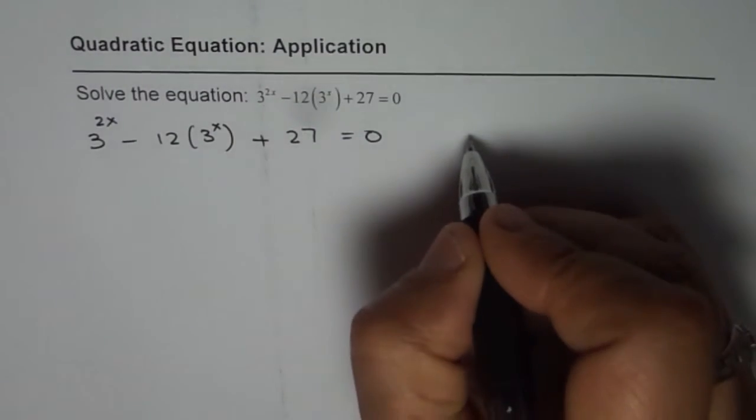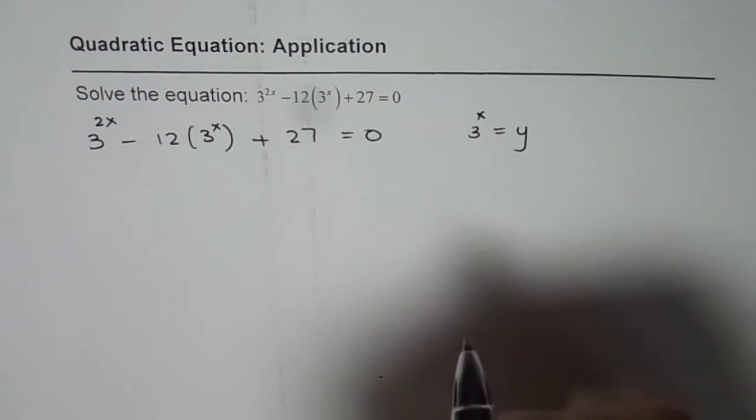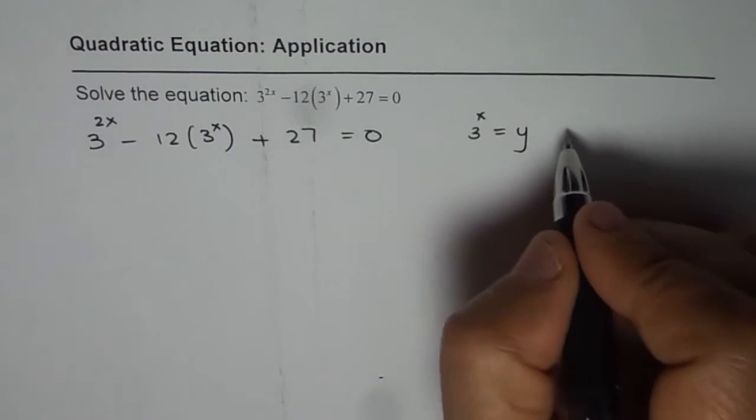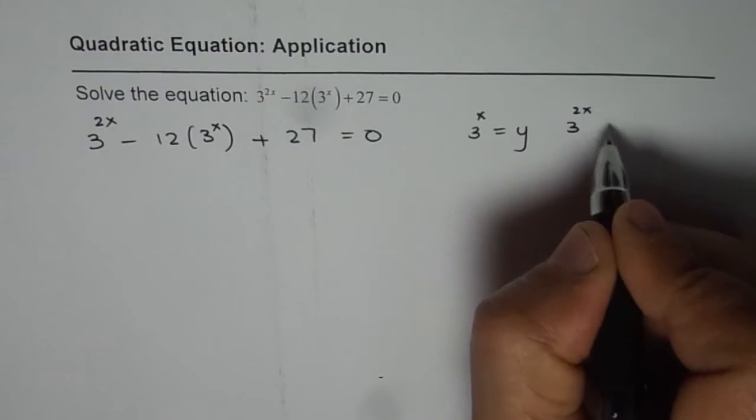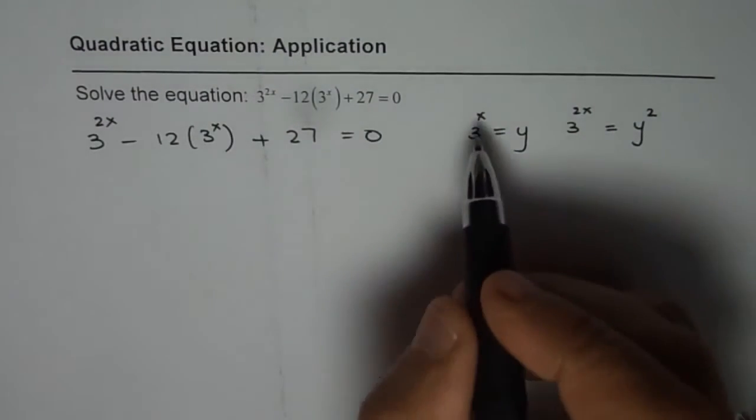But if we substitute 3 to the power of x as, let us say, y, then what happens? Then 3 to the power of 2x will be equal to y square, correct?